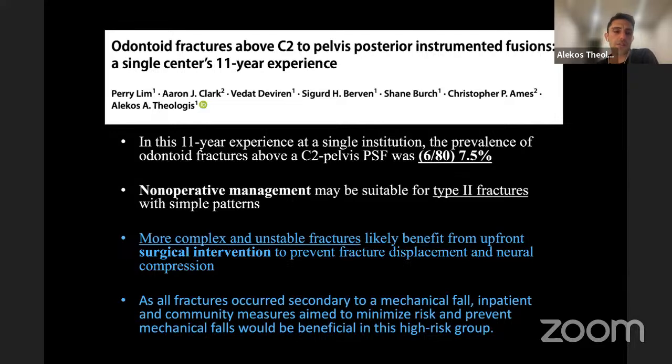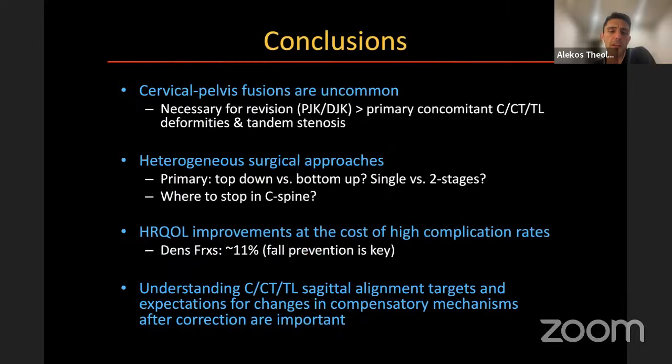In addition to the treatment of these complex fractures with surgery up front, we also recommended that, as all the fractures occurred secondary to mechanical falls, inpatient and community measures aimed to minimize risk and prevent mechanical falls would be beneficial in this high-risk group. So in conclusion, cervical to pelvis fusions are uncommon, with heterogeneous surgical approaches, and there can be improvements in outcomes, but there are high complication rates.